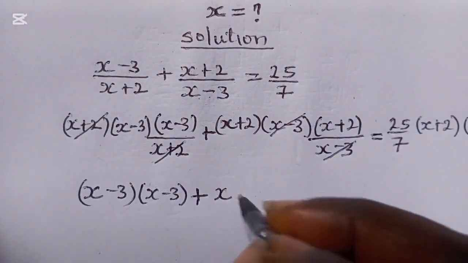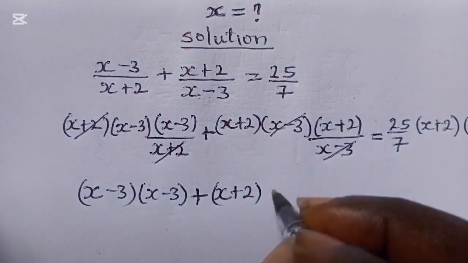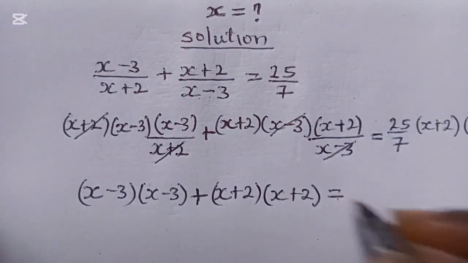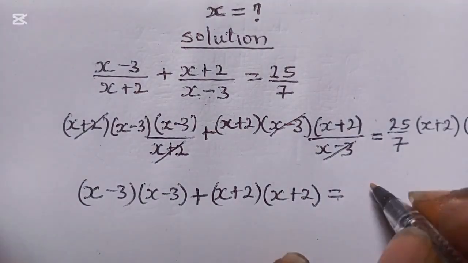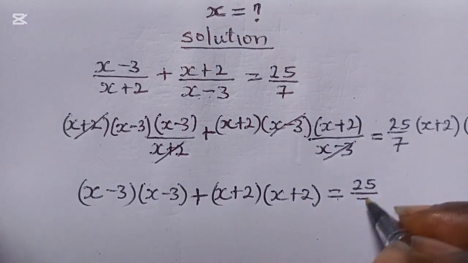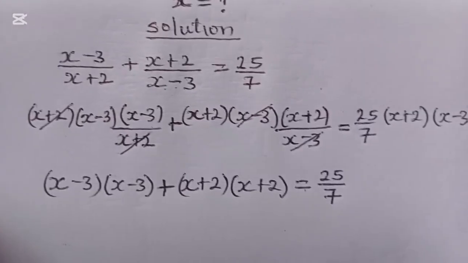So we have (x plus 2)(x plus 2), which equals 25 divided by 7.